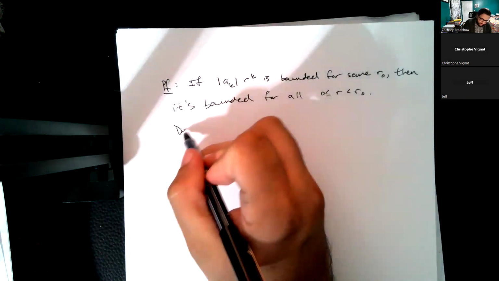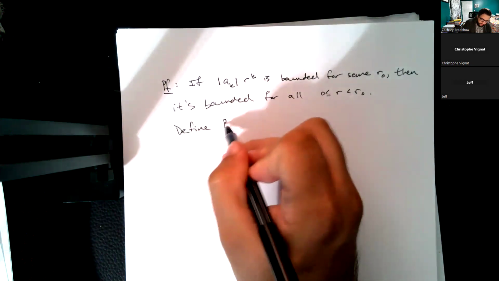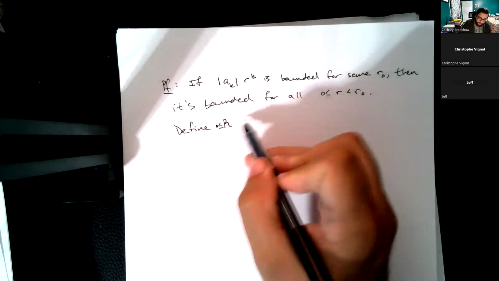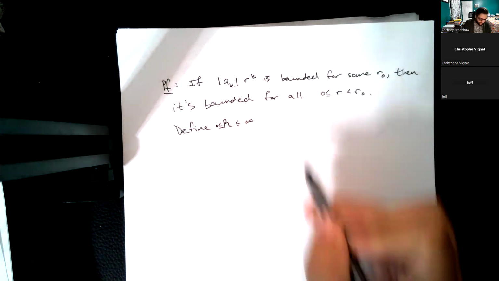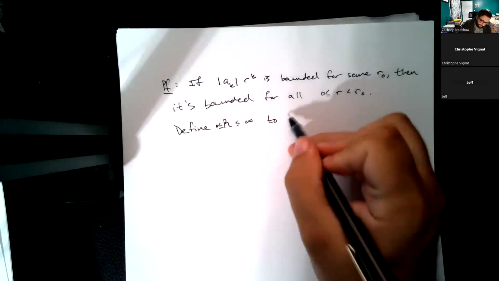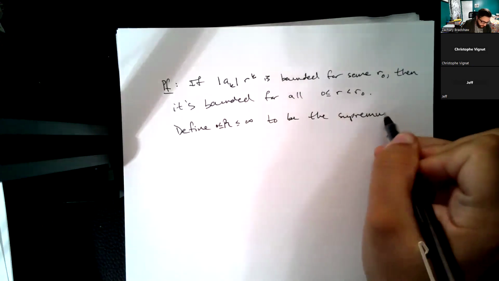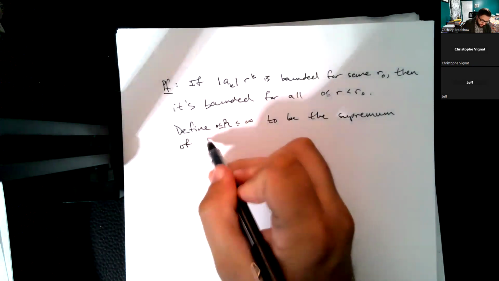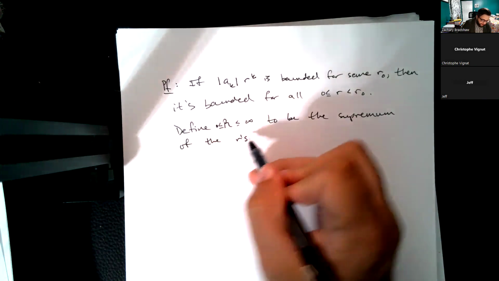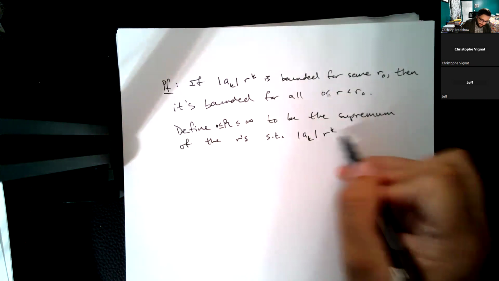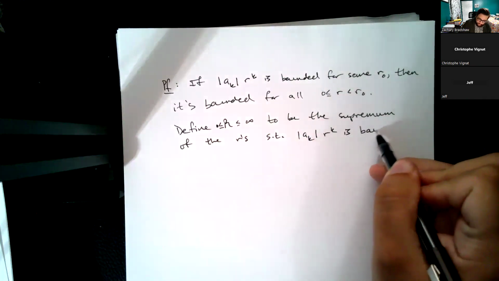Now define R, which is going to be 0 or between 0 and infinity, to be the supremum of the lowercase r's such that ak r to the k is bounded.